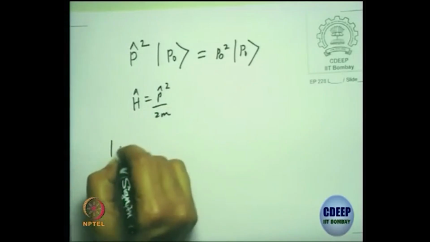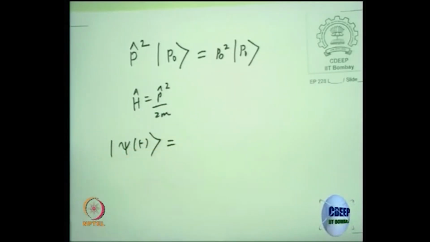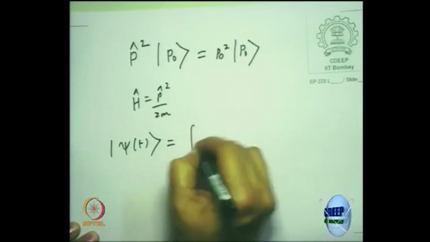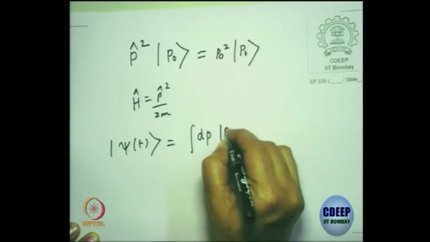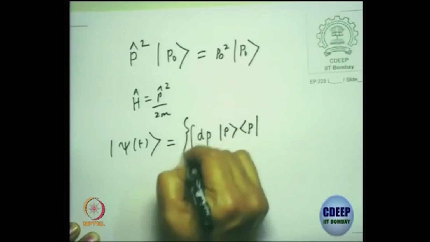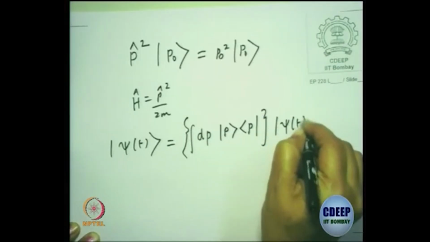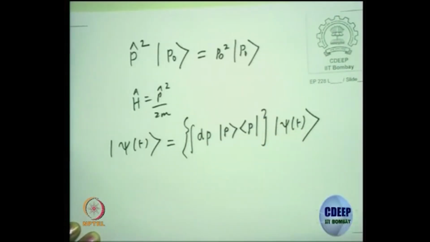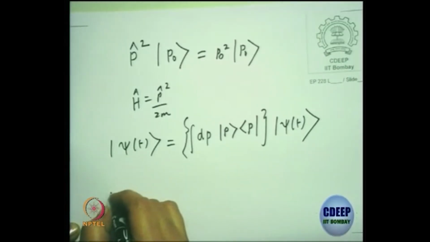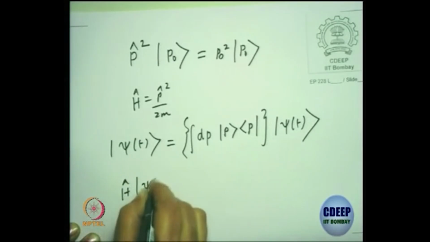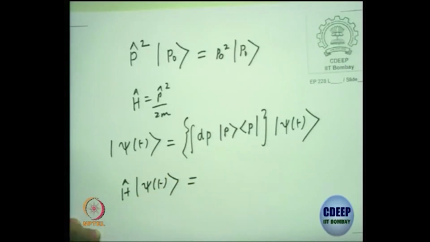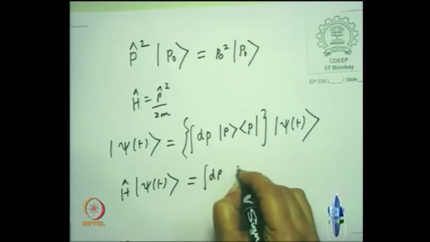So we wrote the state psi of t in position space, but you could have written it in the momentum space. Right. So that will give you the Hamiltonian when you operate H on psi of t. You can take the integral of dp outside.